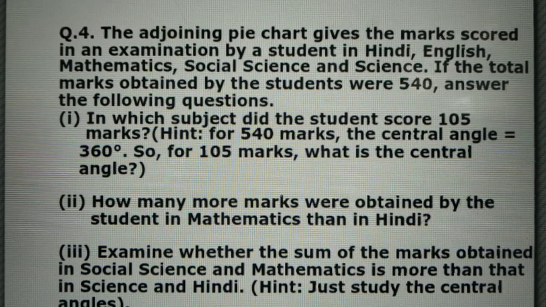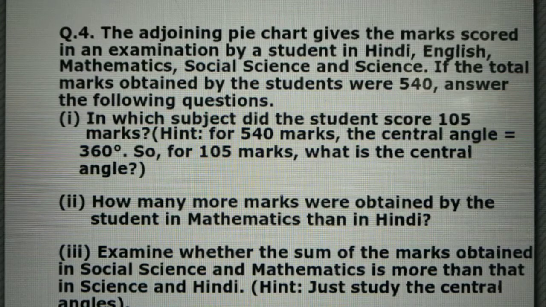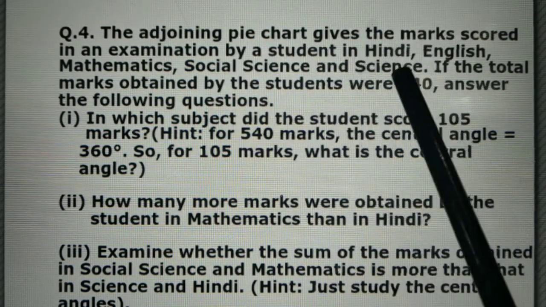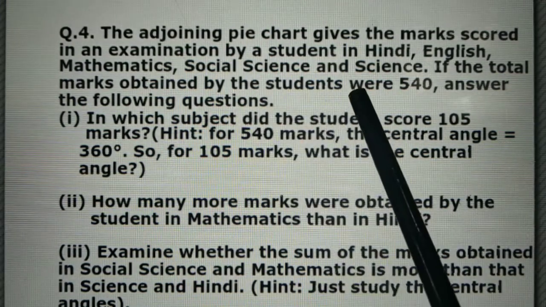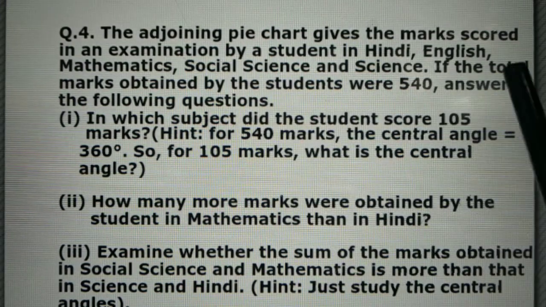Now the next question is question 4. The adjoining pie chart gives the marks scored in an examination by a student in Hindi, English, mathematics, social science and science. The total marks obtained by the student were 540.